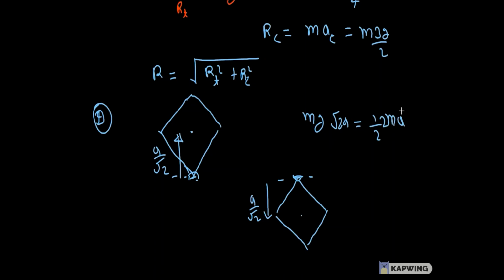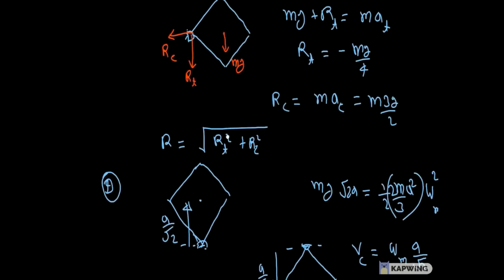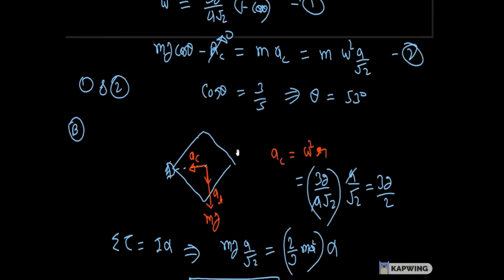The value of I is 2 by 3 ma square, into omega maximum square. So from here, velocity of center of mass will be omega maximum into radius, which is a by root 2. So that does not match with option D if you solve it. So that's the solution. Thank you.